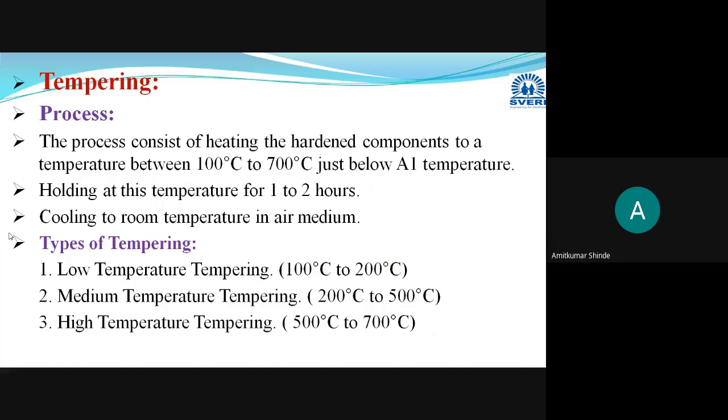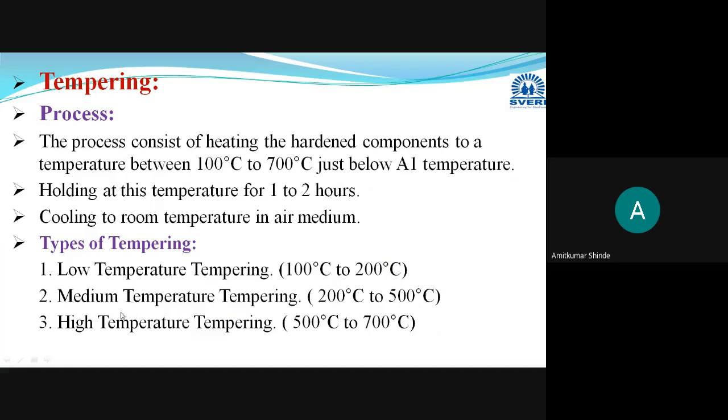Due to this slow cooling in air, whichever internal stresses are there will get eliminated, and whichever retained austenite is there will also get eliminated. Depending on the temperature zones, different structures can be obtained here.